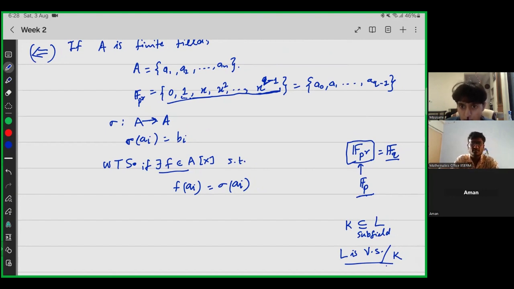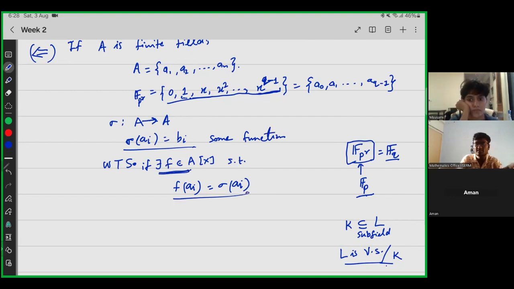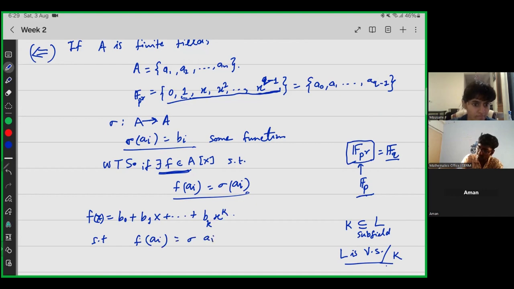So we come to the question which we wish. Sigma is some function, and we want to see if there exists a polynomial such that f of a is the same as sigma of a. I mean, sigma is a polynomial function. This we want. So let f be b_0 + b_1 x + ... + b_k x to the power k, such that f of a_i is equal to sigma of a_i.